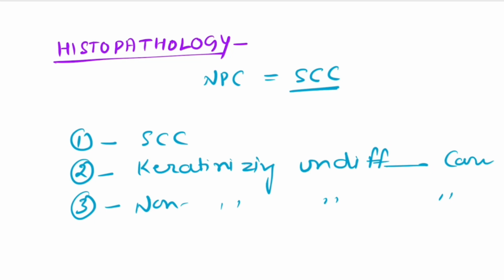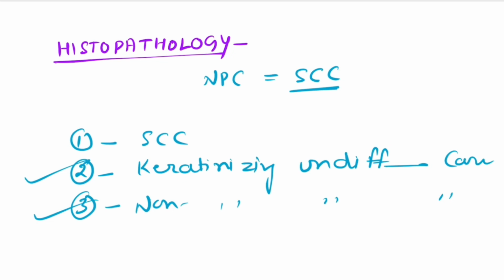As I talked about EBV before, EBV infection can only cause these 2 types: keratinizing undifferentiated carcinoma and non-keratinizing undifferentiated carcinoma.